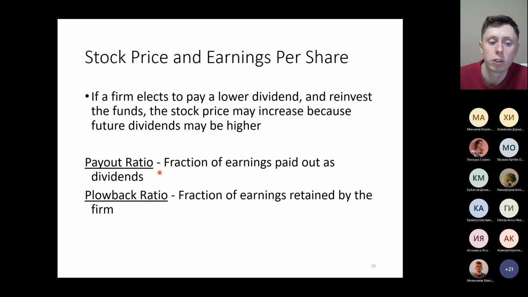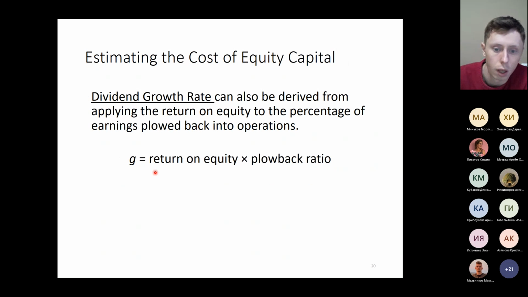There are multiple ways the firm might return money to the shareholders. They might be paid as a dividend, or there are some other alternatives, but all of them we would call paying out money. And if the firm reinvests money back into the main operation, we would call it the plowback ratio. And this is how we would estimate the growth rate of the firm.